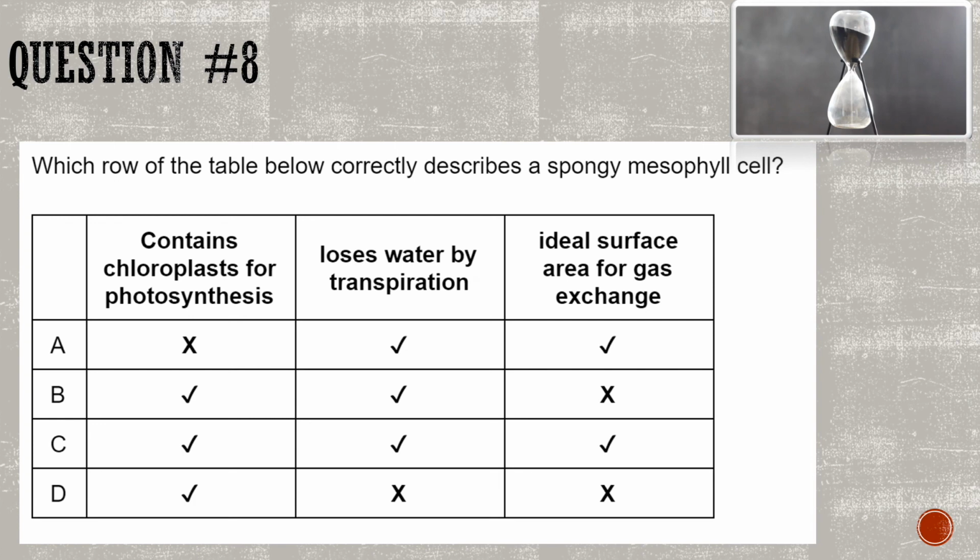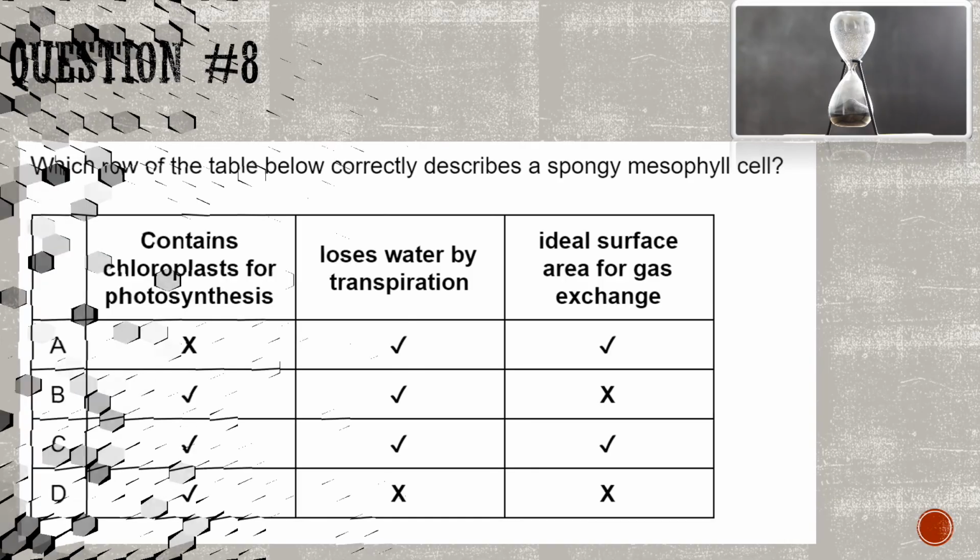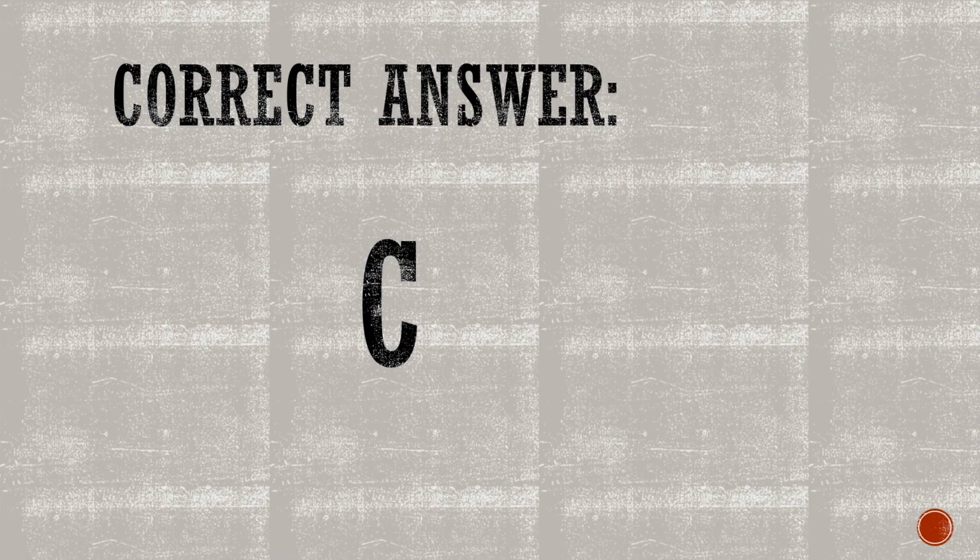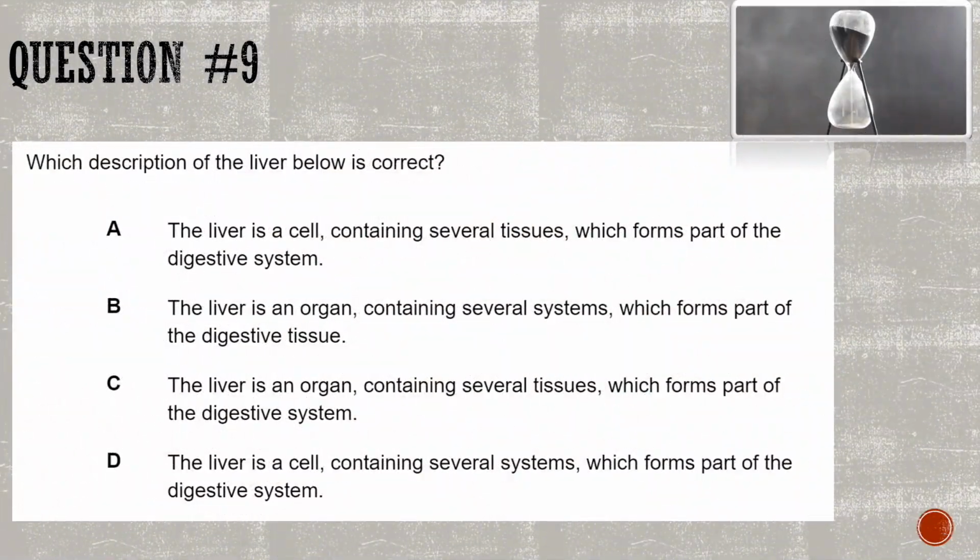Which row of the table below correctly describes a spongy mesophyll cell? And the correct answer is C. Question 9.